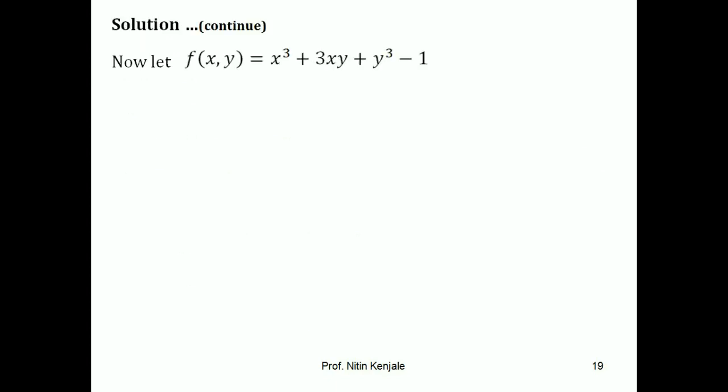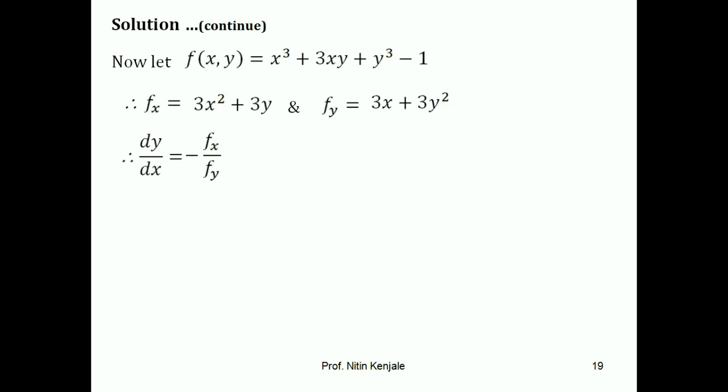Now we let f of x comma y as x cube plus 3xy plus y cube minus 1, which is obtained from the second given equation from the question. We differentiate f partially with respect to x and partially with respect to y. From this data we can find out the derivative of y with respect to x.